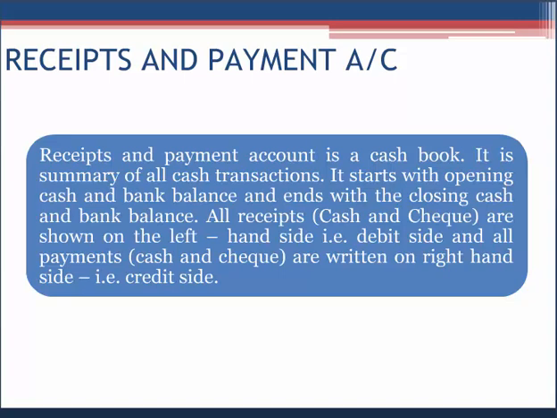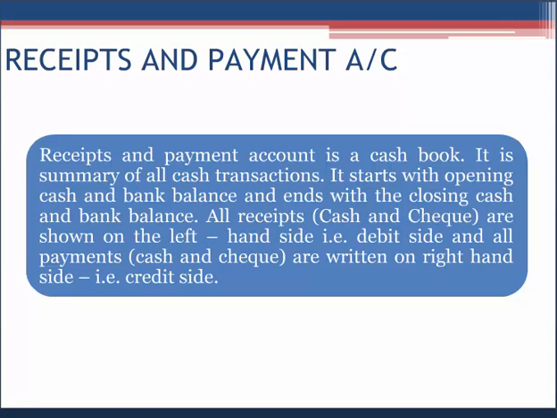It starts with the opening cash and bank and it ends with the closing cash and bank. As simple as that: starts with opening cash and bank, ends with closing cash and bank, receipts on debit, payments on credit. It's like a cash book, a summary of all cash transactions. Are you clear with that one?